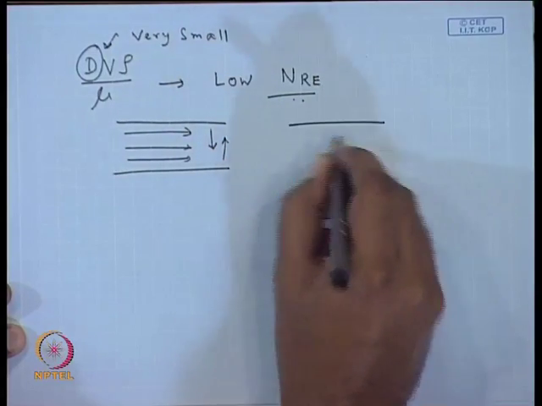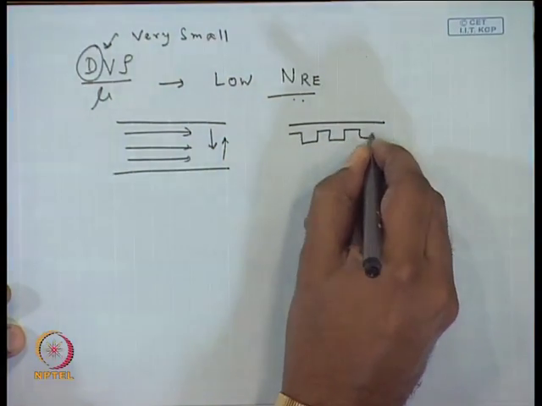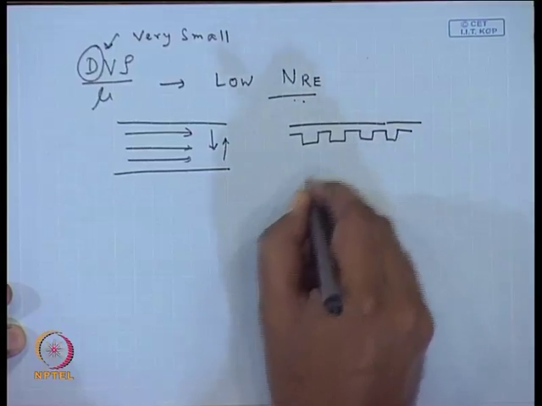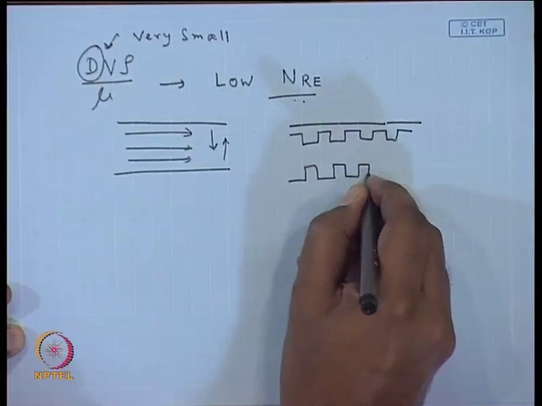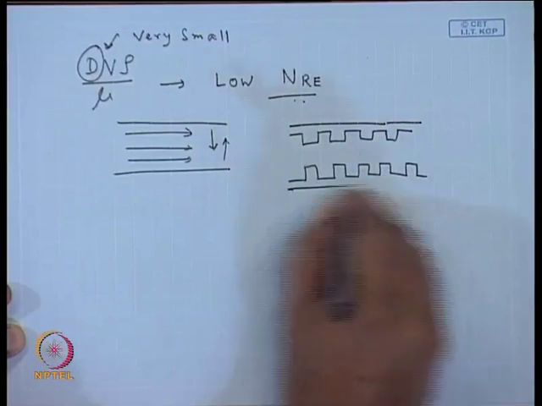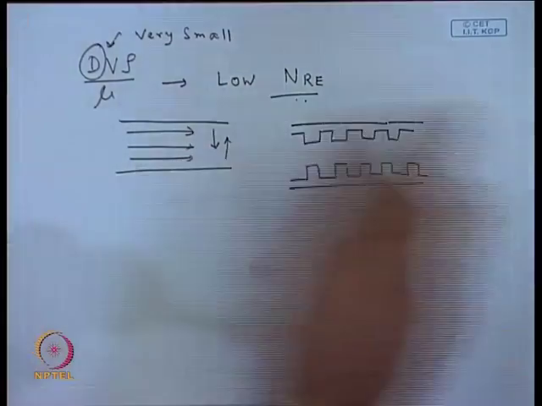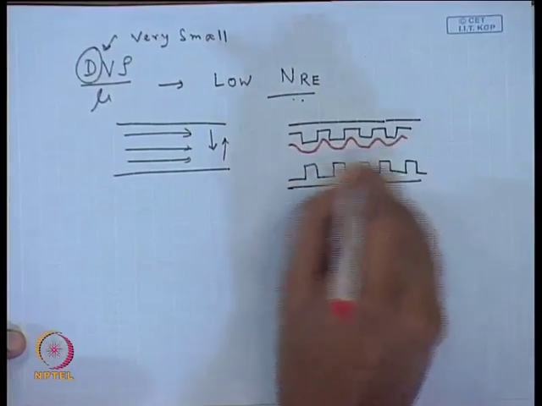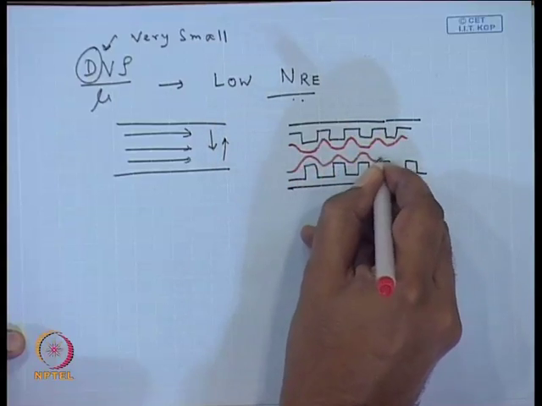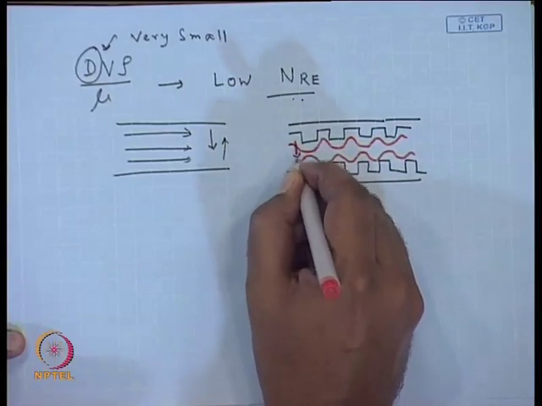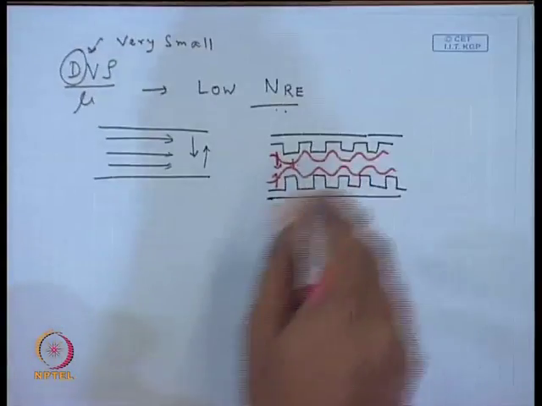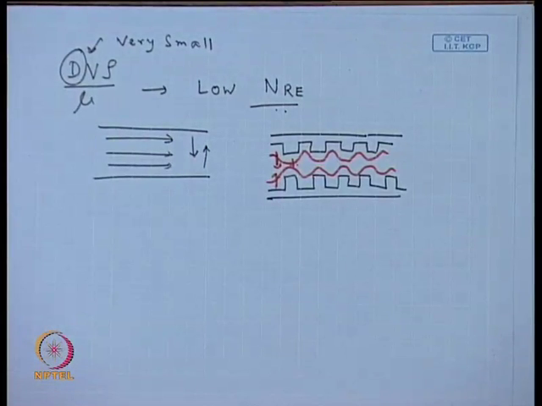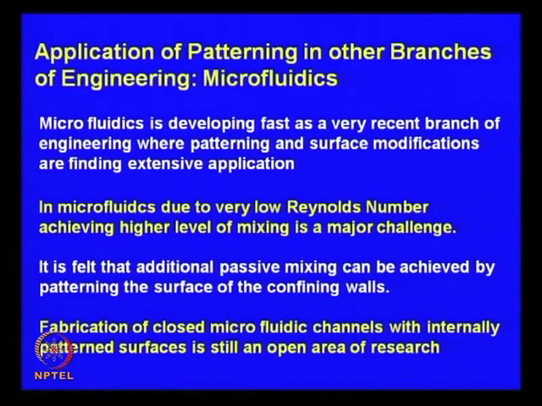What can be possible in principle is that if you take a conduit whose walls are patterned, then you artificially force your flow to follow the contours of the conduit, and eventually there is some sort of interaction or transverse mixing. So, these are some of the concepts which also rely on patterning.